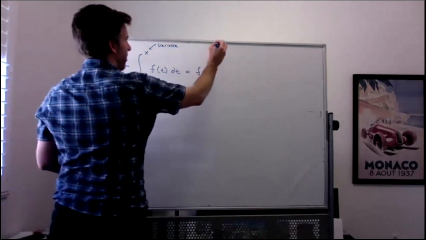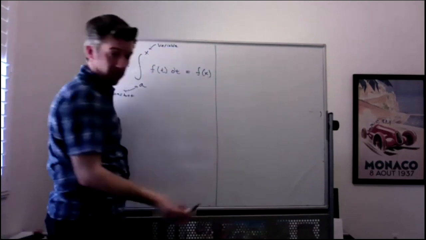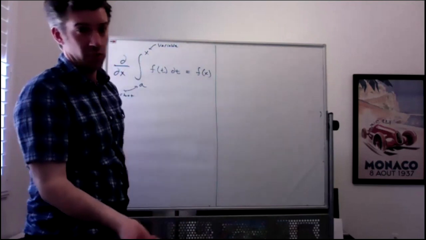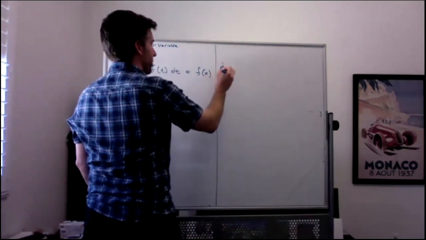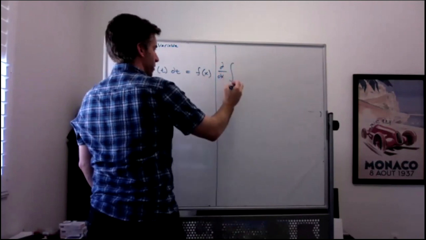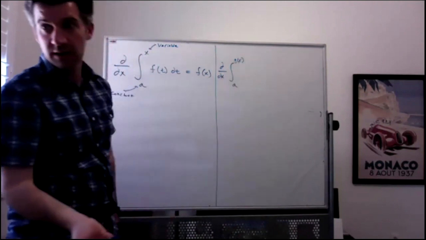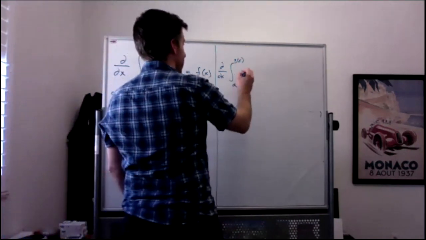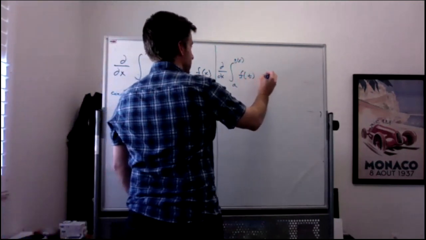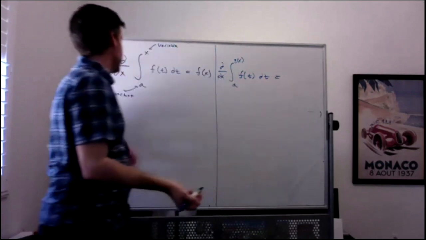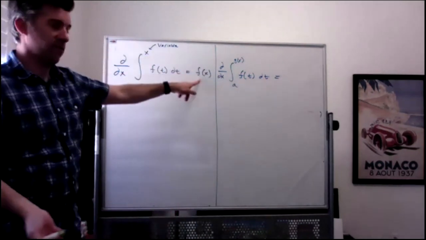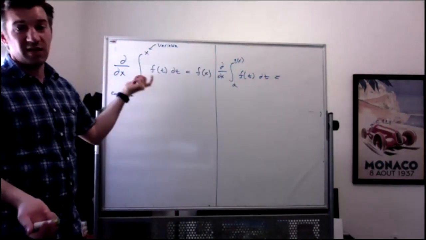And then we also have this other version, which is really the chain rule version, which is that the derivative of the integral from a to some function of x, g of x, of f of t dt. Well, again, here I plugged in x, I got f of x. Really, you could think of using the chain rule here.